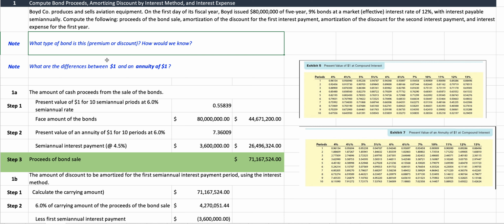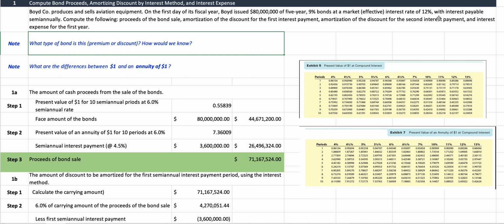Before we get started, let's talk about the type of bond. Even if we weren't told in the description that this is a discount, how would we know what type of bond this is? The answer is to look at how the bonds are being issued. The bonds are being issued at 9%, even though the effective interest rate is 12%.